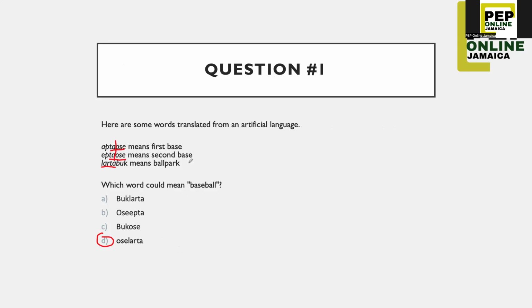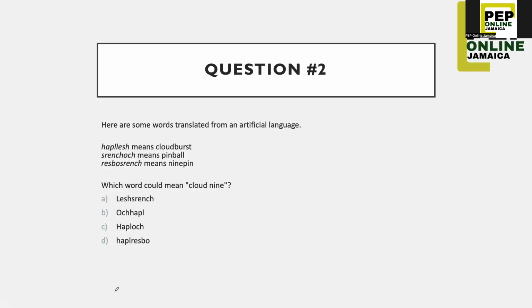Base is OSE, and we're looking for ball. Ball is there, sorry, which is LARTA. So LARTA represents ball. Some of these questions don't have the other word that you're looking for, but we use trial and error, we eliminate, right? So that would have been D. Right, let's move on to question number 2.